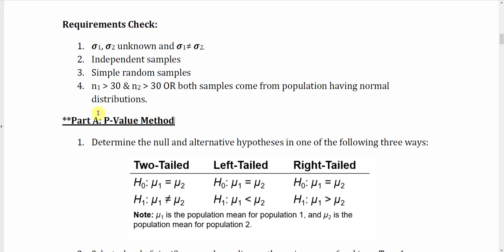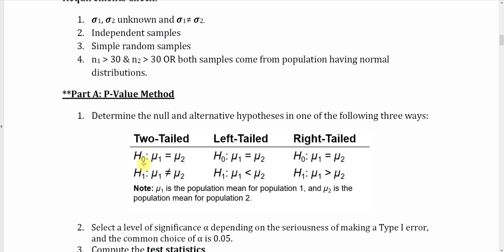Before we can do anything, make sure we determine the correct null and alternative hypotheses in one of the following three ways. Again, there are three cases: the two tails, the left tail, and the right tail. For all of the cases, the null hypothesis always involves equality.